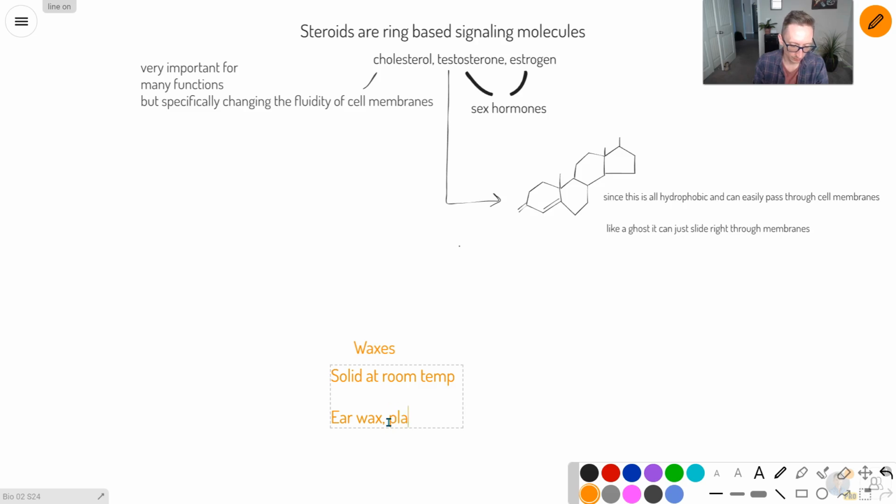Plant cuticle. And something like beeswax. Little Burt's Bees right here. Put this on my lips. It helps prevent dehydration. Pretty nifty.